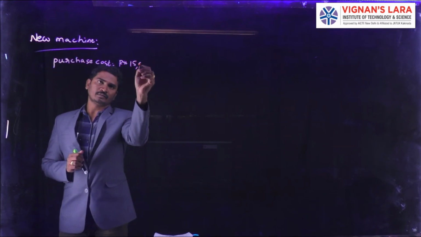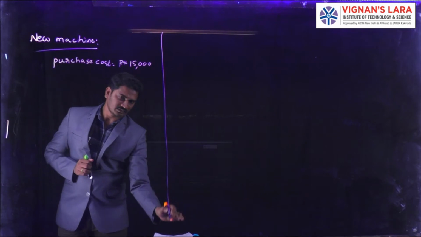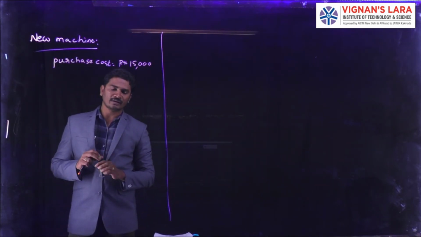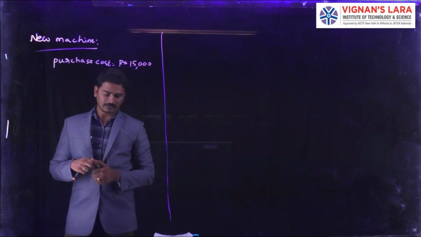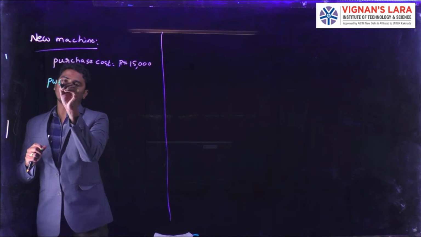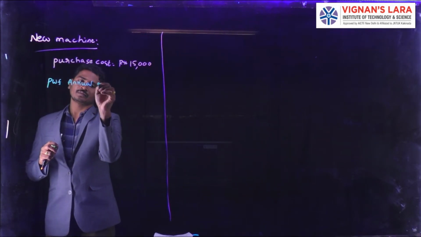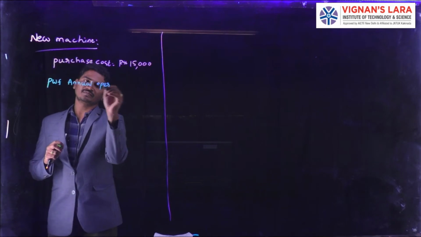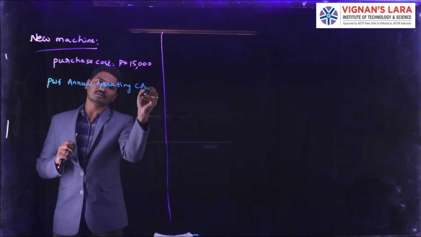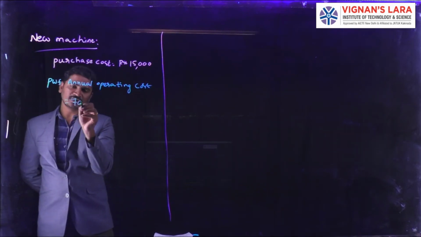Next, they gave the present worth factor of the annual operating cost. Now we are going to calculate the present worth for this. The annual operating cost is already given in our problem, that is 7,000.